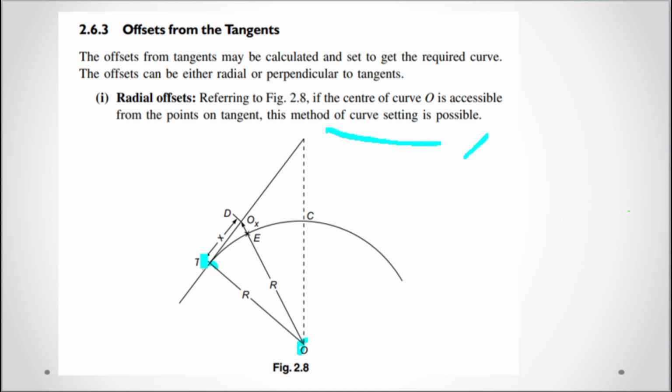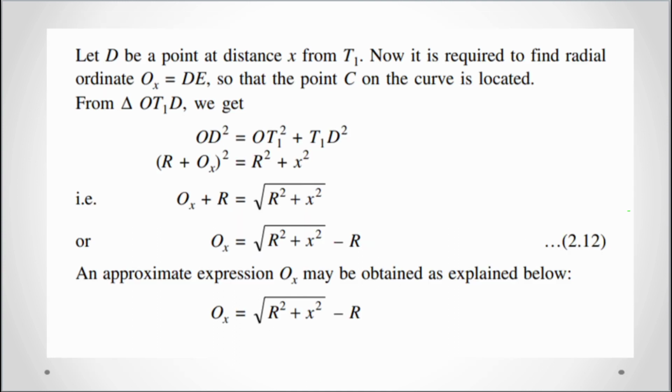So any radius to a point of the curve where the tangent meets it is at 90 degrees. So here we have a right angle triangle that is formed, and we can see the right angle there.